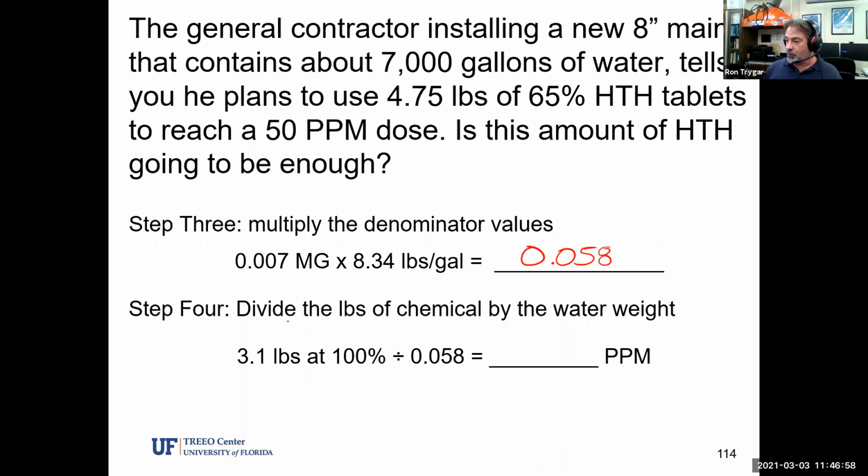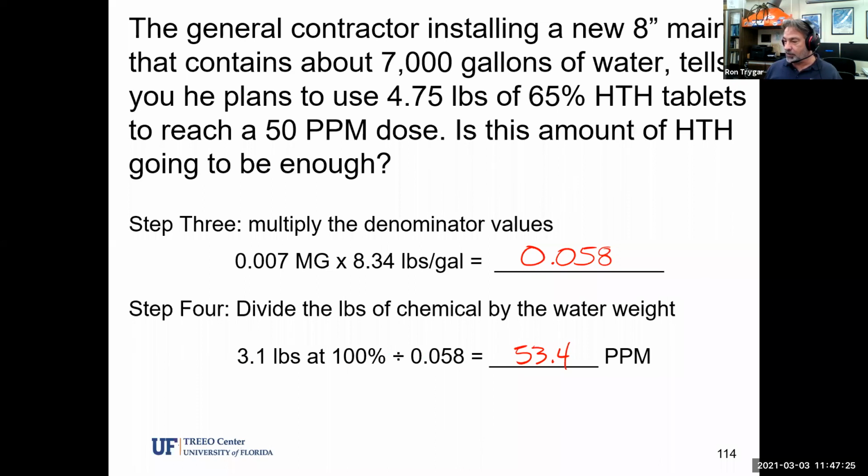So we said 3.1 pounds, because that's actually the chemical at 100%. So 3.1 pounds of 100%, divide that by 0.058. And I got 53.4 parts per million.